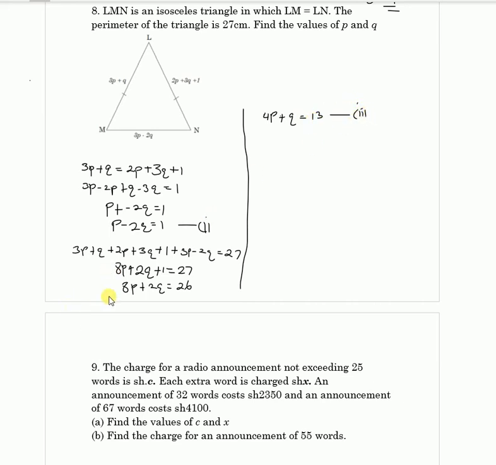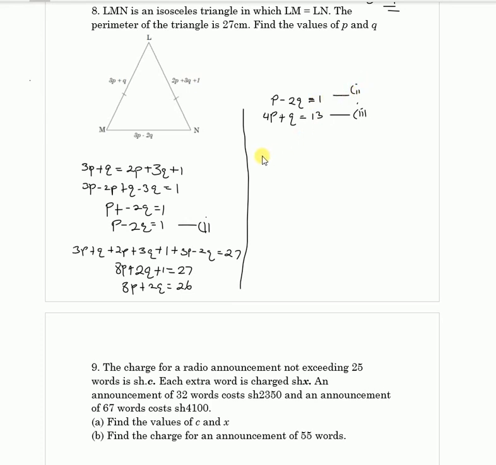We are reducing through by 2. Now let me write the first equation up there. This one is P minus 2Q equal to 1.